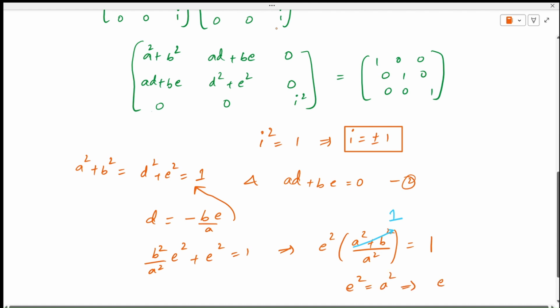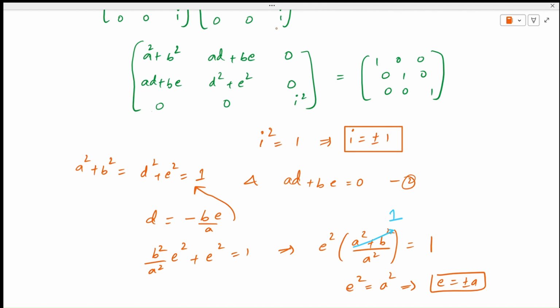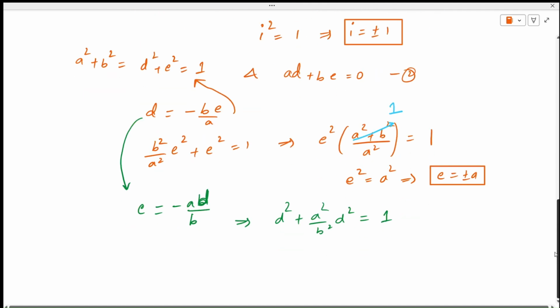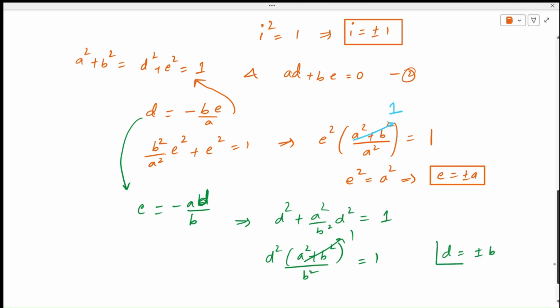That means E is equal to plus or minus A. If we write the same thing in a different way, E is equal to minus A by B into D. Then we'll get D square plus A square by B square, D square equal to 1. So D square of A square plus B square by B square equal to 1. This is 1. So D is equal to plus or minus B. That is one more conclusion that we are getting here.